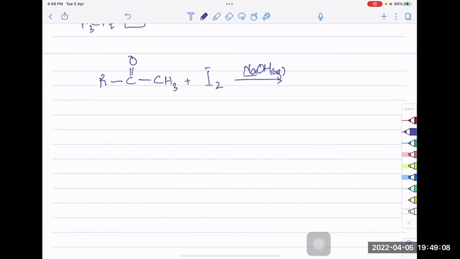The sodium and the oxygen will go in there. And we will get this thing with iodoform. We will balance this. And this thing, the ester will always form. Ester will form, definitely ester will form. And this is the solid which is yellow in color.